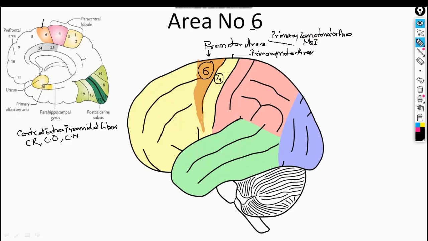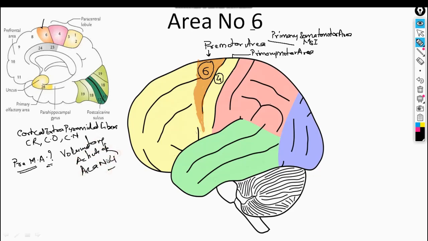Clear? What does this premotor area do? This is a question which is often asked during the viva. This area controls the voluntary activity of area number 4.